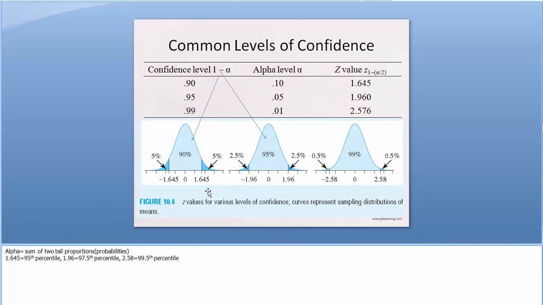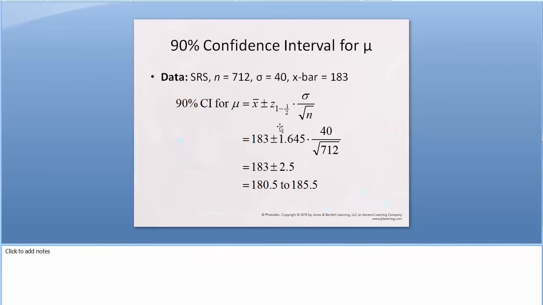Okay, all right, so let's go to the next slide. Now in here, by plugging in those numbers, we can get a 90% confidence interval. So 90% means alpha would be 0.1, alpha by 2 will be 0.05.